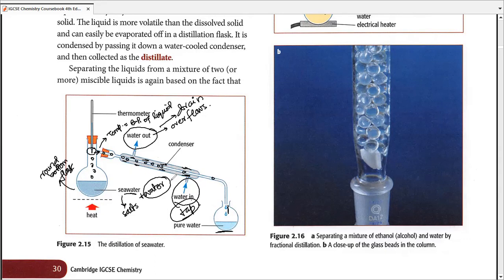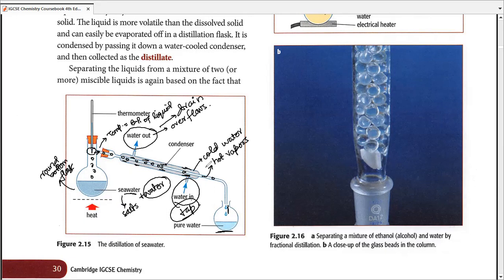So I was talking about the jacket of this condenser, the outer part of the condenser, which has tap water coming in. This tap water has a colder temperature, because inside we have hot vapors coming in. The inner pipe has hot vapors, and the outer jacket has cold water.